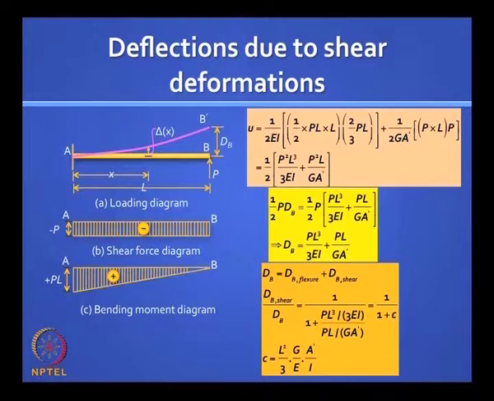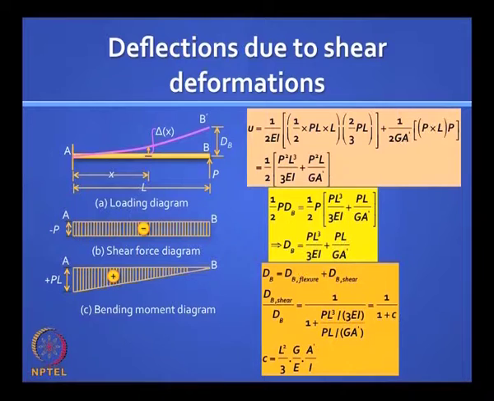Let us try to see what is the relative contribution of shear deflection. So we can take the ratio of deflection due to shear divided by total deflection, and you can get this expression, which can be written in this form: dB shear by dB is equal to this.